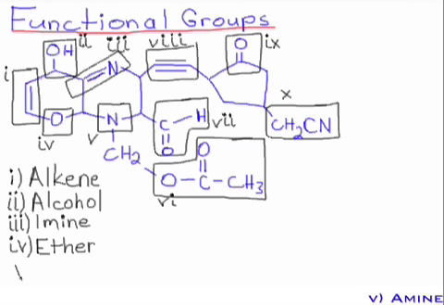And number 5 is a nitrogen bound to 3 carbons. It's a trivalent nitrogen. It has a lone pair and it is referred to as an amine.